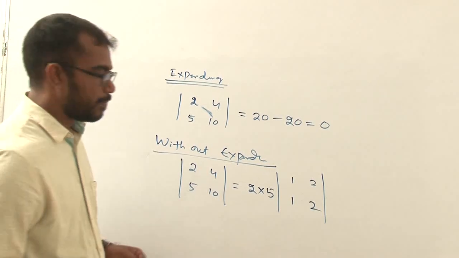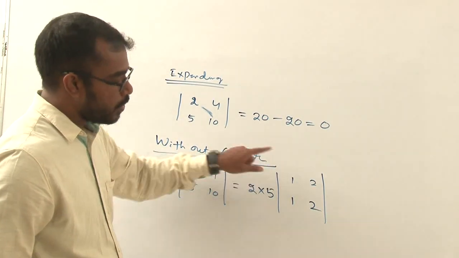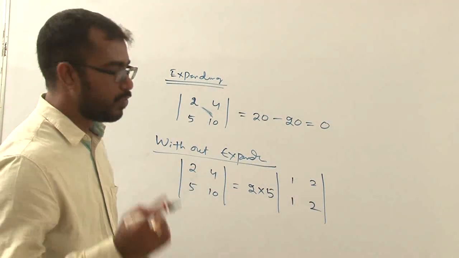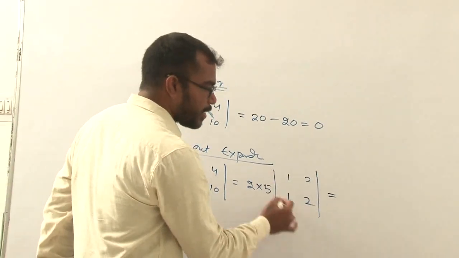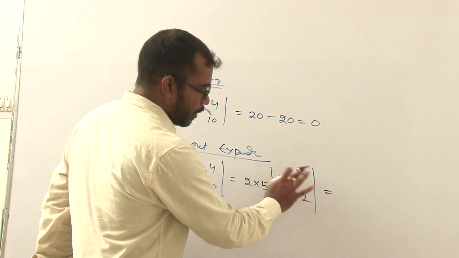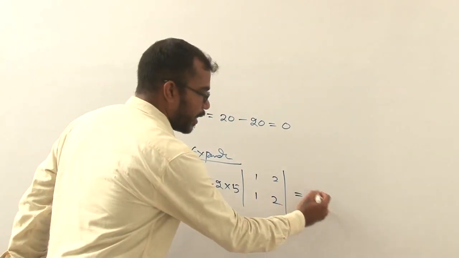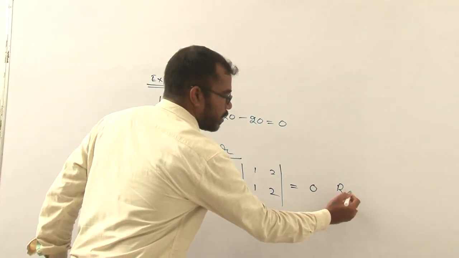According to properties, property number 3 says if any 2 rows or any 2 columns are the same, the determinant vanishes, or is 0. In this determinant you can see the first row and second row are the same, so you can directly write 0, because R1 is equal to R2.